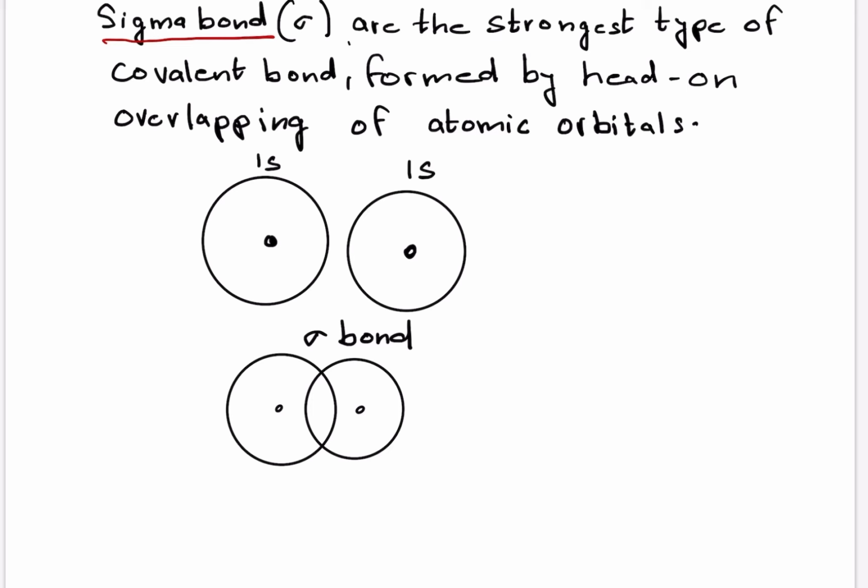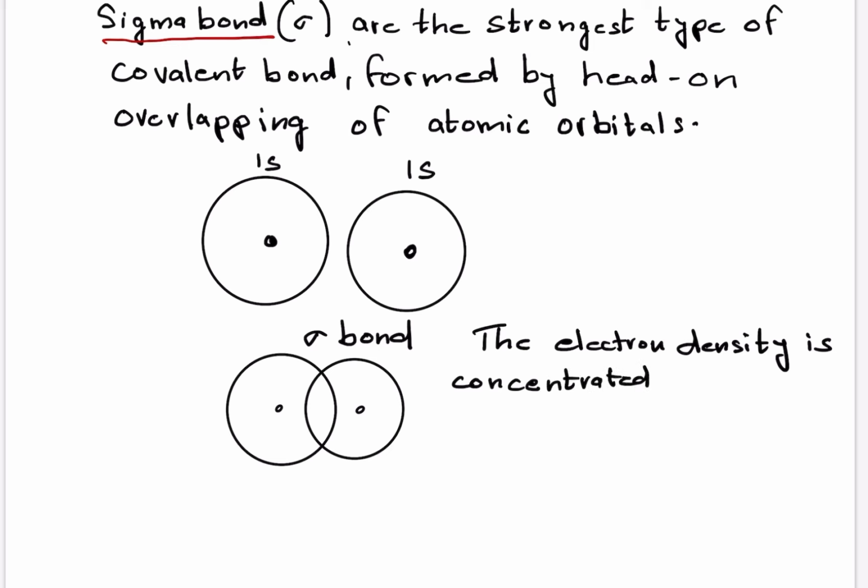So what we notice is the electron density is concentrated between the nuclei of the bonding atoms.